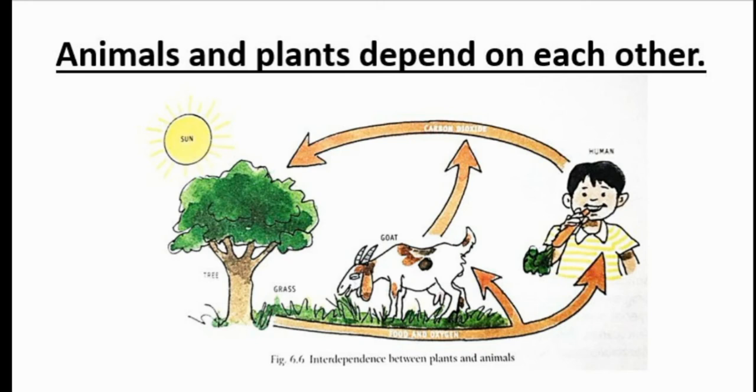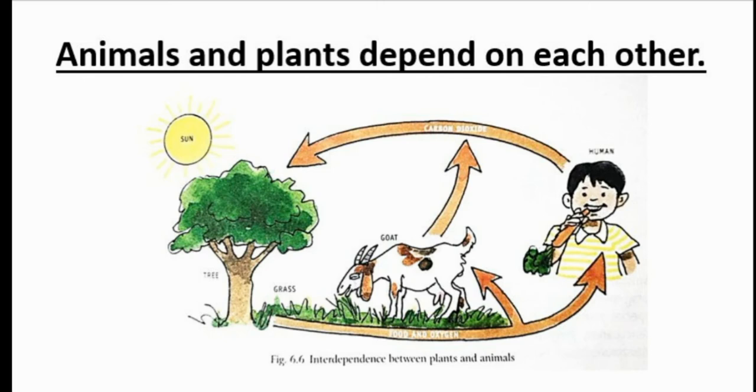Okay, so animals depend on plants for their food and for their survival. Same for the plants. Plants need carbon dioxide to prepare food. So animals breathe out carbon dioxide. This is used by plants. So this means that plants and animals both depend on each other for their survival.